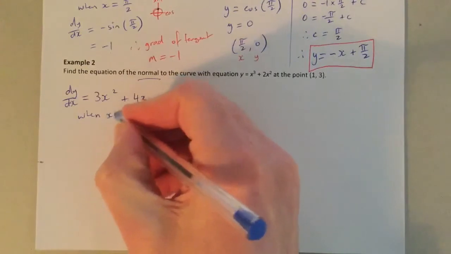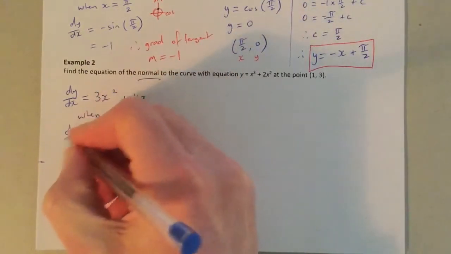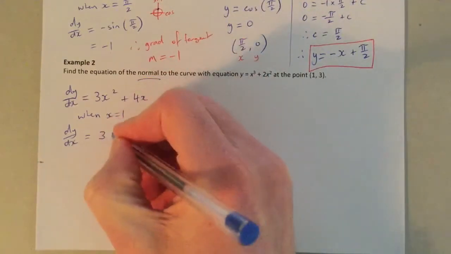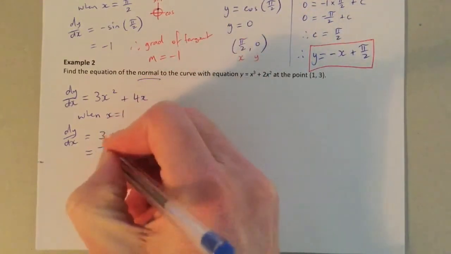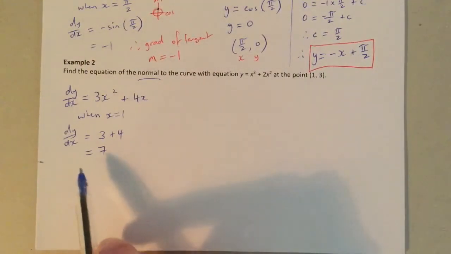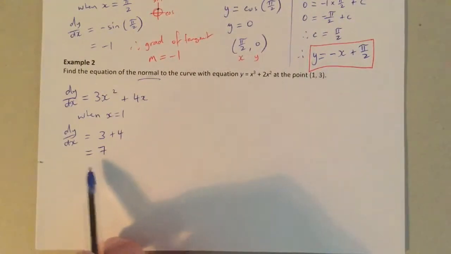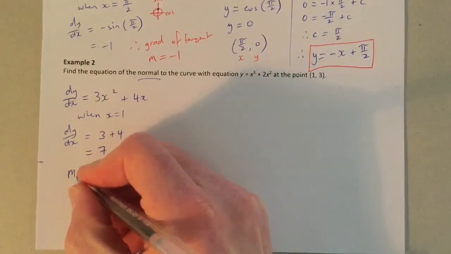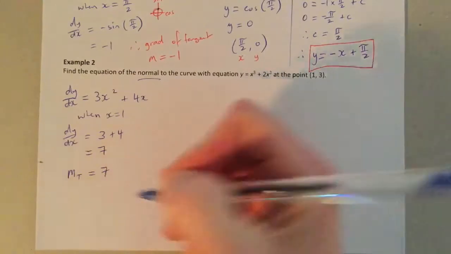So when x equals 1, dy/dx equals 3 plus 4. Now what that's saying is that the gradient of the tangent at this particular point when x equals 1 is 7. So we could say that this is mt, gradient of tangent, equals 7.